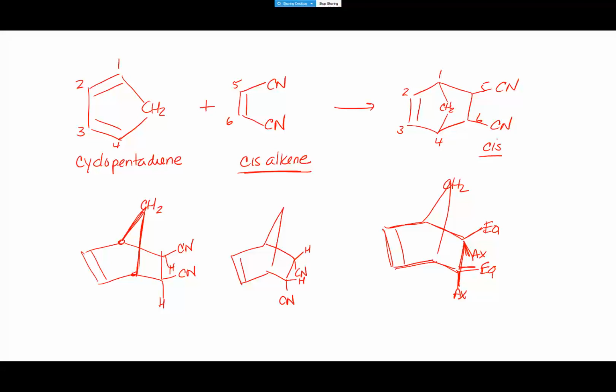You would get the same product. So only if this is cis do you get these two products. So that's what it's going to look like.